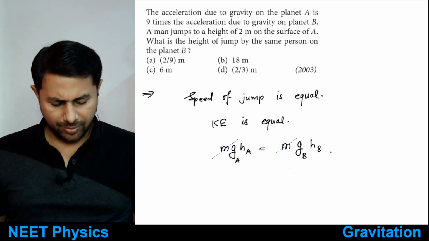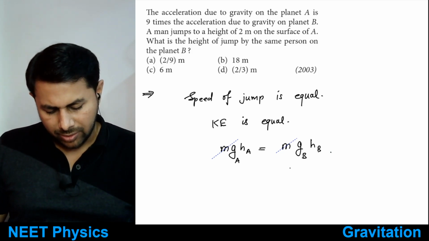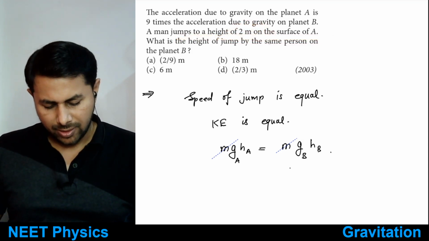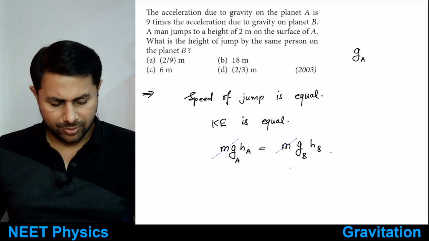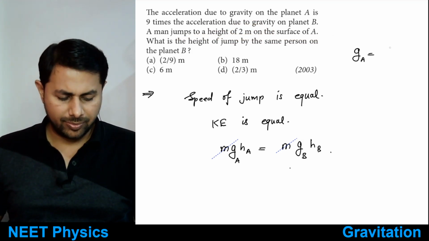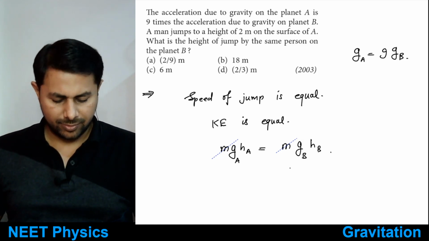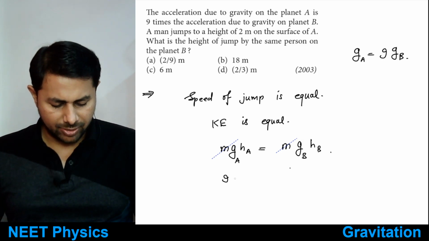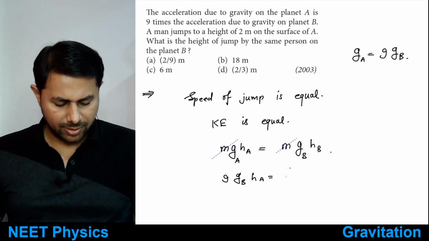Okay, and therefore what do you have? You have the jump at a, it jumps to 2 meters, and the acceleration due to gravity of a is 9 times that of b, g_a is equal to 9 times g_b. So g_a is 9 times g_b, right?